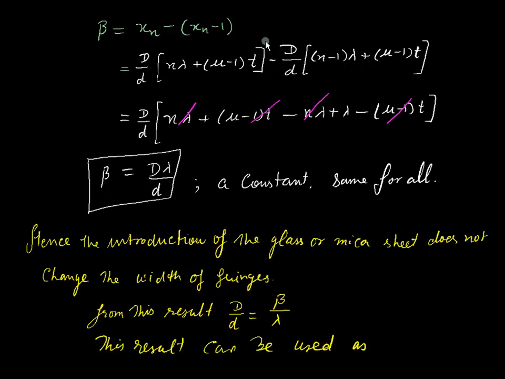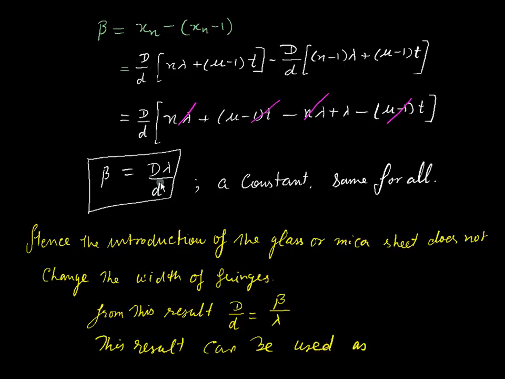So beta, the fringe width, is equal to xn minus xn-1. Beta is capital D lambda upon small d, and that is a constant, where small d is the separation between the two sources, as you have seen in Young's double slit experiment, and it is independent of the mica sheet and the refractive index.